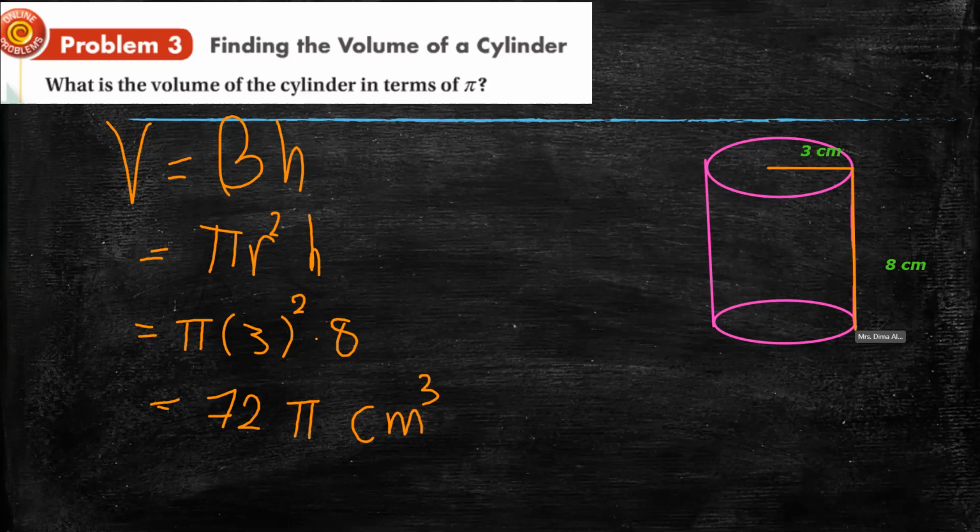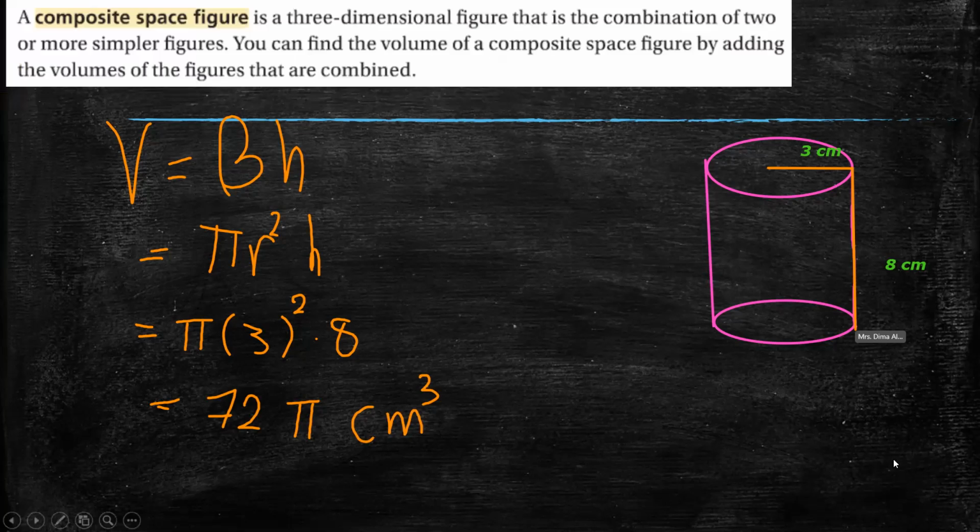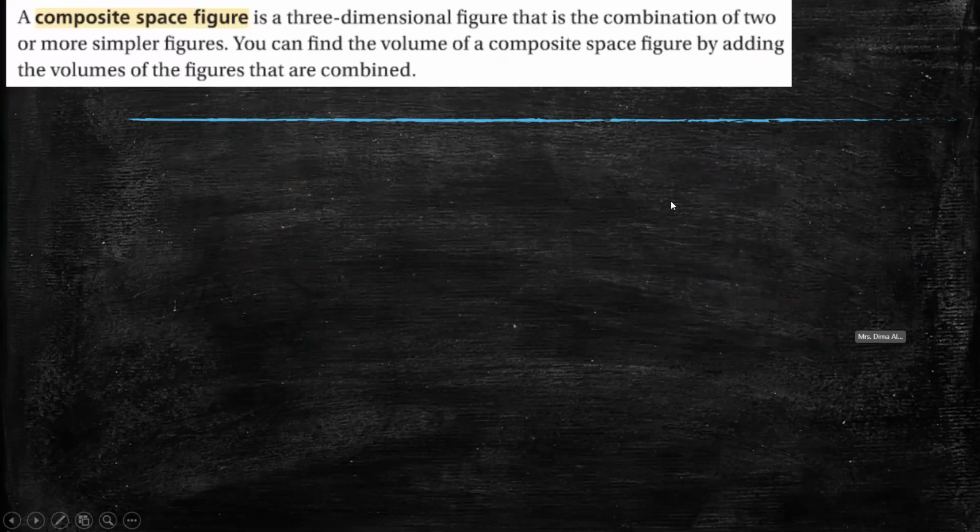Now let's talk about a composite space figure. A composite, like in the two-dimensional shapes, if you see a square or rectangle as an example, and up on this rectangle we have half of the circle like this.